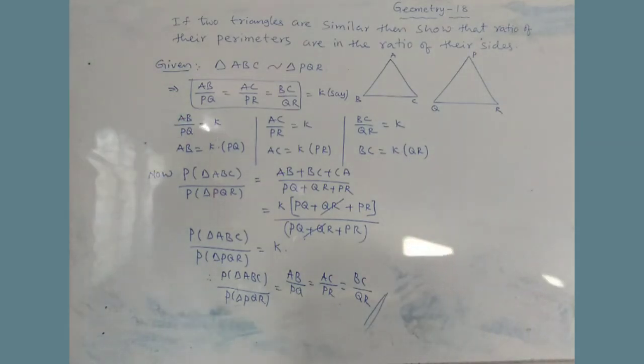I mean the ratio of perimeters of two similar triangles is equal to the ratio of their corresponding sides.